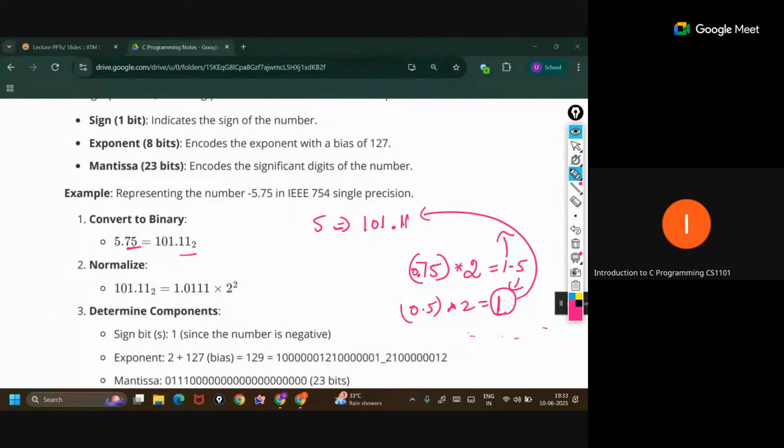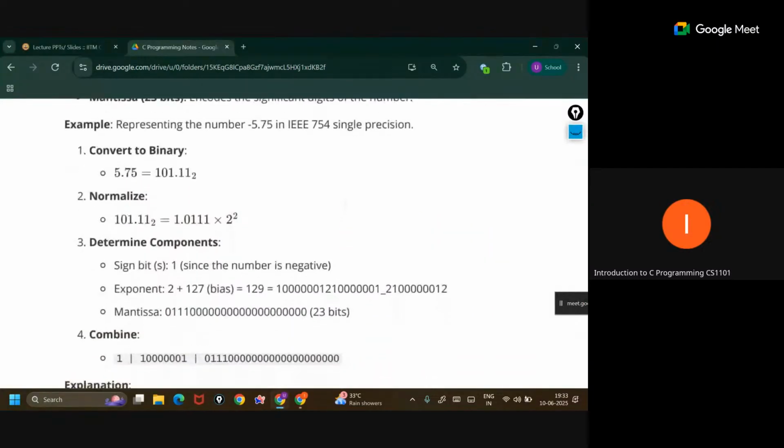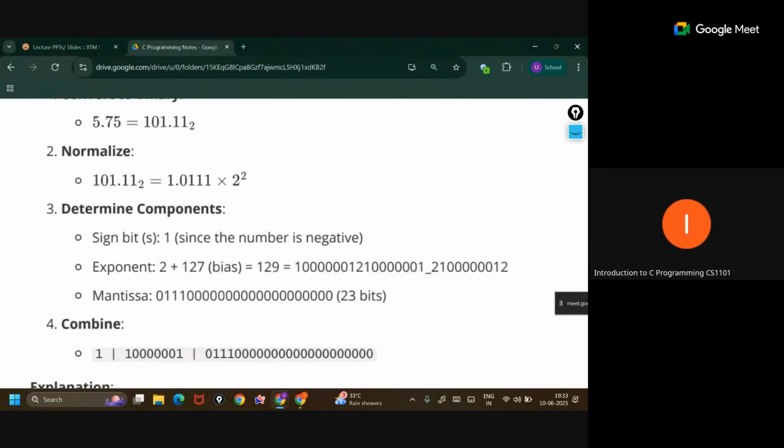Is this clear? Yes. Then what we have to do is the normalization. For normalization, they are using single precision.